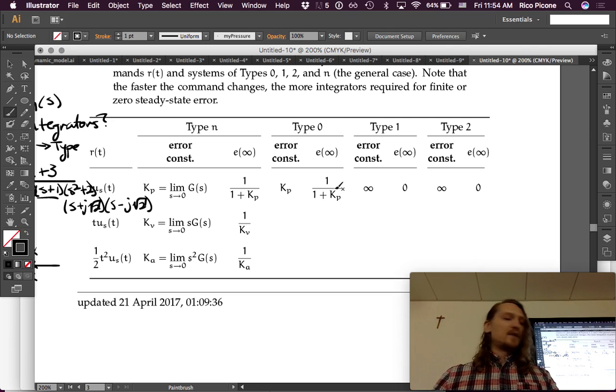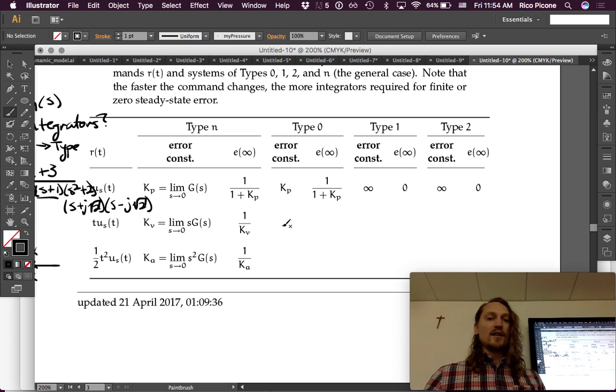And for a type 0 system, if we were to stick a type 0 system in there that could not cancel this s, then what happens as s goes to 0? What happens to the error constant? It goes to 0, right?